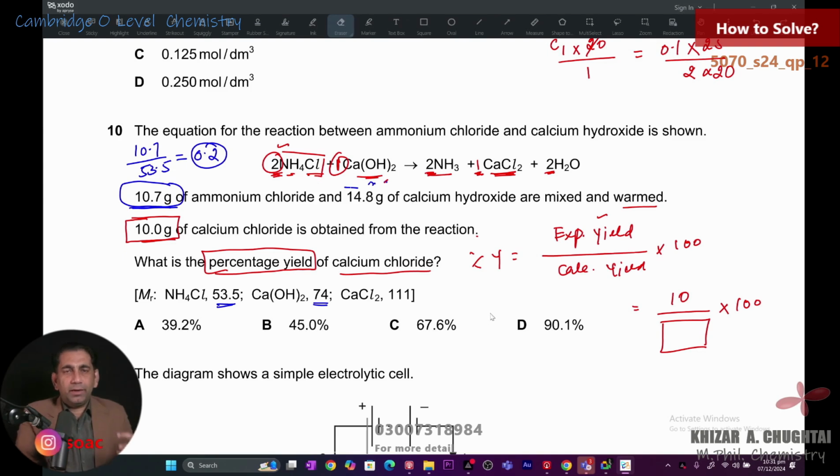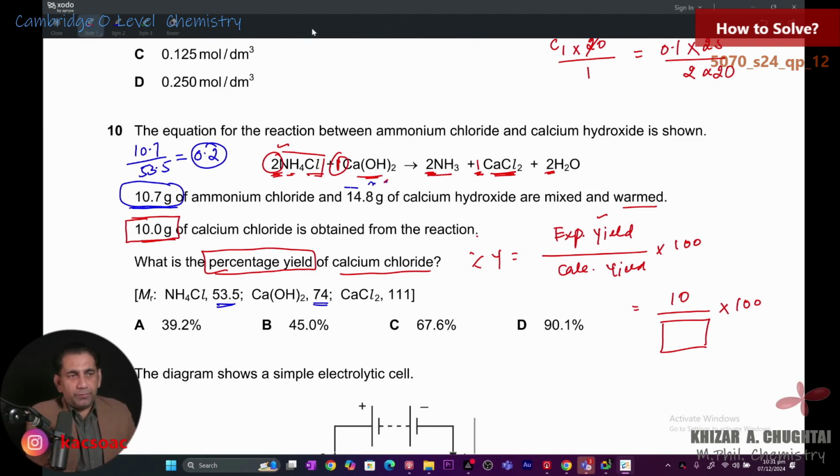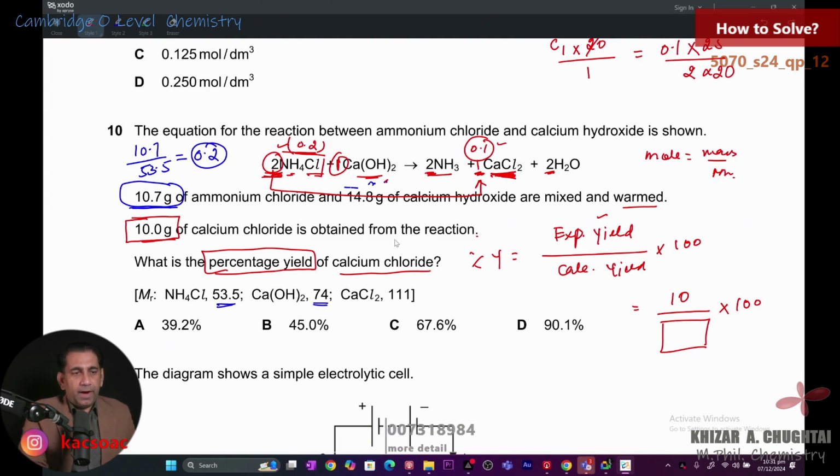So what will be the mole of CaCl2 formed? Suppose 0.2 mole of NH4Cl is used, then half mole of CaCl2 will be formed. According to this equation, 2 mole of NH4Cl makes 1 mole of CaCl2. So 0.2 mole of NH4Cl is going to make 0.1 mole of CaCl2. Mole is equal to mass over molar mass. The molar mass of CaCl2 is 111.